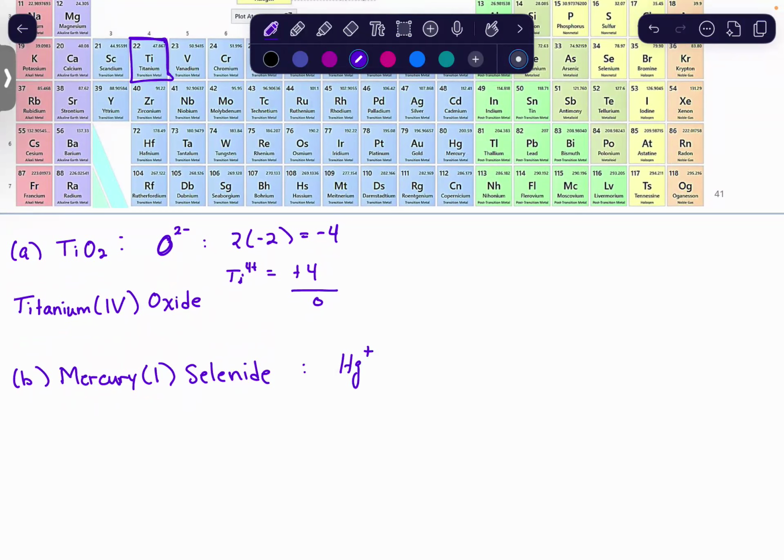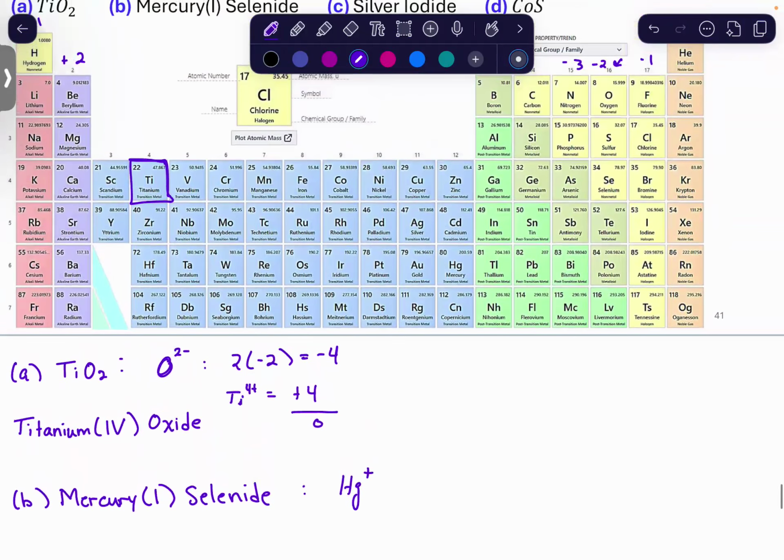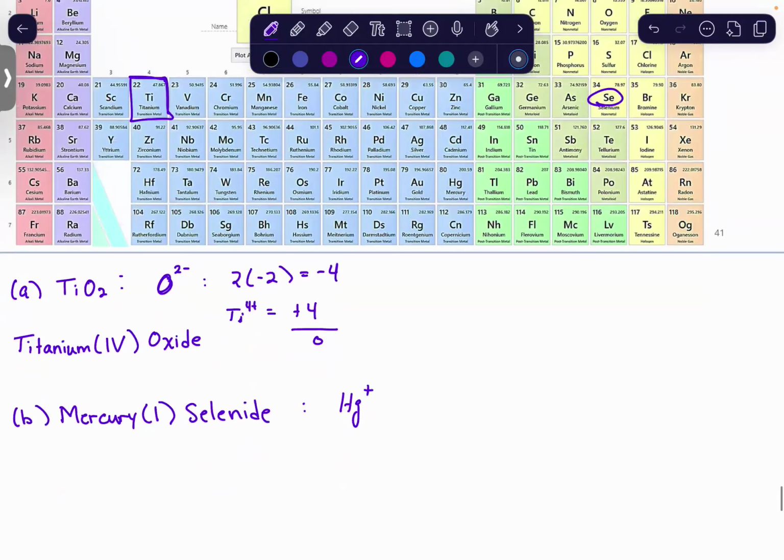You already know that based on the name. Selenide, where's it at? Well, it's right here. It's in the oxygen group, so it's a -2. Okay, so the way I make this neutral is to have 1 plus 1 plus the -2 of the selenide. That's 0. So then I have to have 2 of the mercuries and 1 of the selenide.